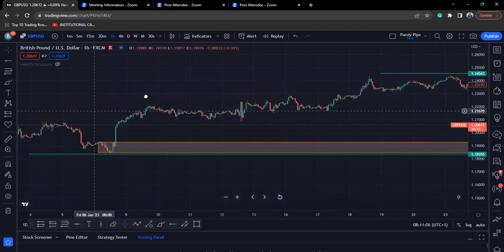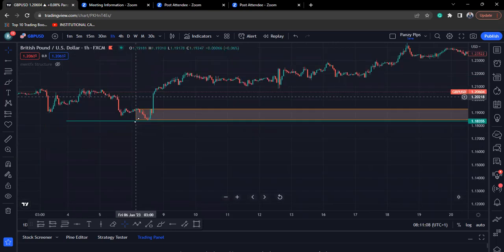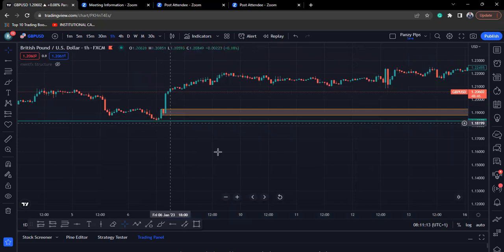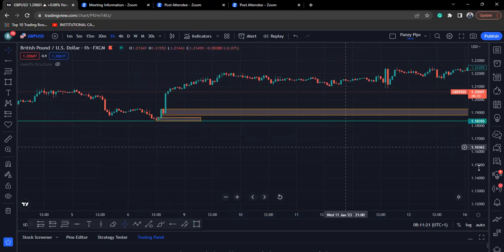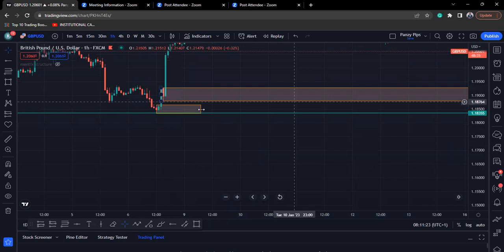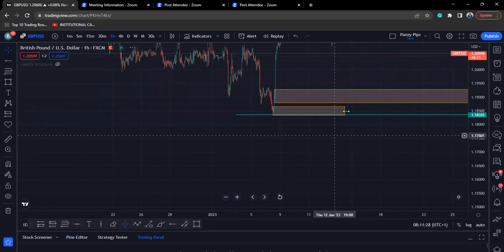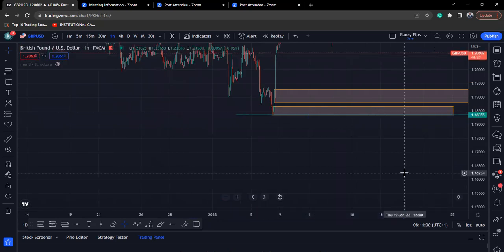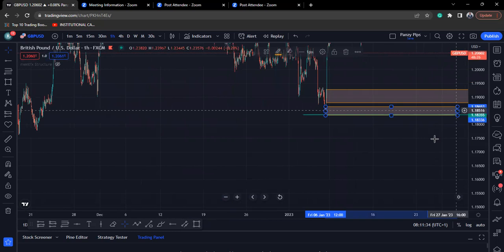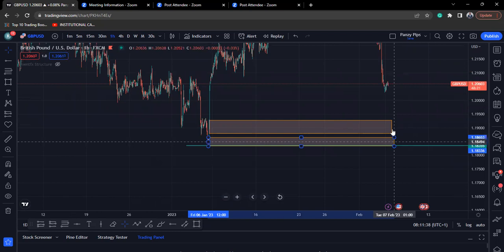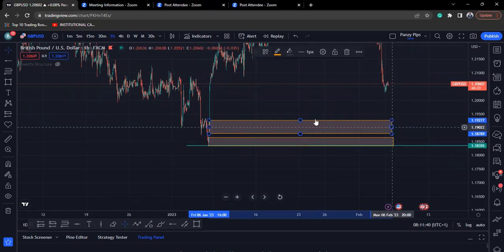You can begin to see two different other blocks now, okay? The first one, which is above, this one here, and then we have another one down here, which is the last level of demand. Okay, so this is the 1 hour.